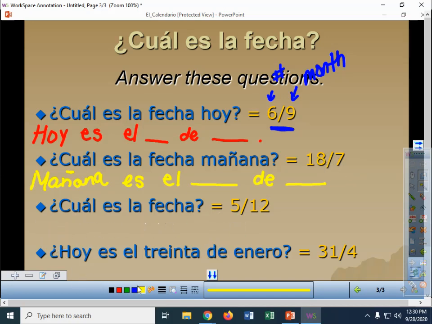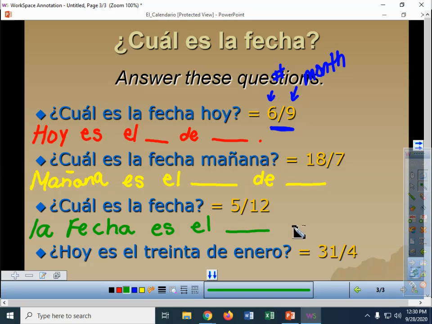You're going to write la fecha es. La fecha es el. Then I have the number here. And then remember de. So what you will write is la fecha es el 5 de diciembre.